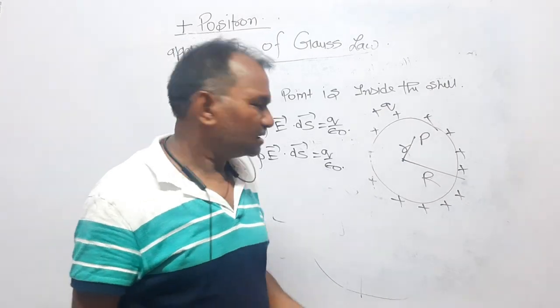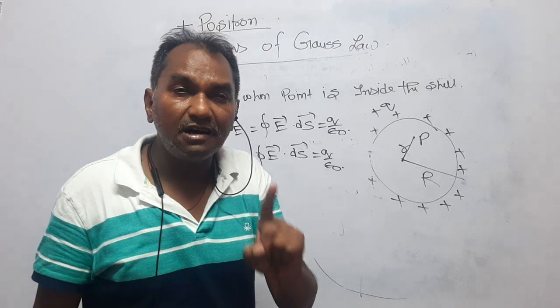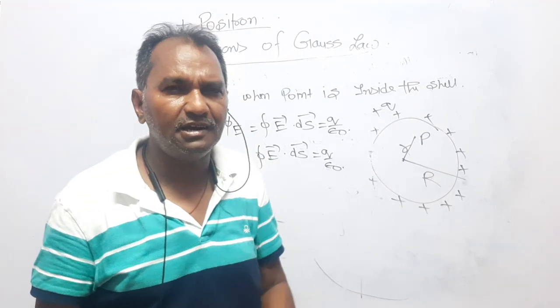The physical significance of Gauss law is that wherever there is a field, there is a charge. Charge is the only source of electric field. According to Gauss law in electrostatics, wherever there is a charge, there is an electric field. Means charge is the only source of electric field.